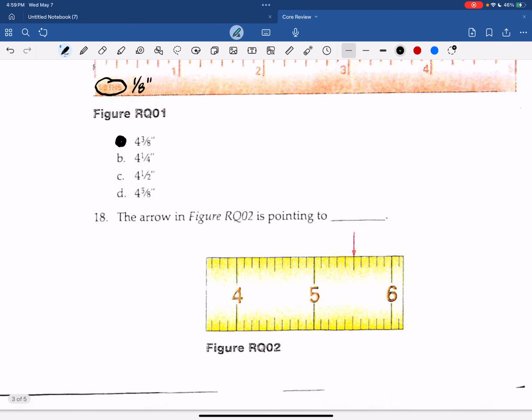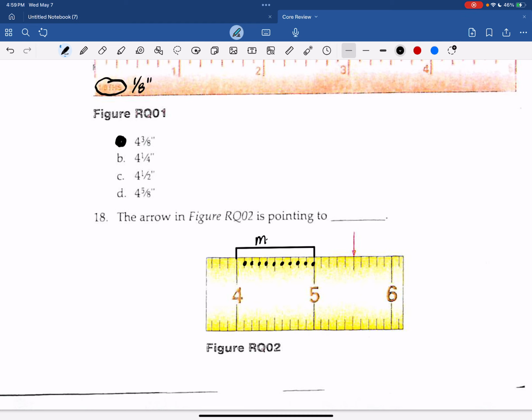The arrow in figure RQ02 is pointing to blank. So I'm going to first of all figure out if I'm dealing with metric or standard. I'm guessing metric because it doesn't tell me the scale, but let's see. So we're counting spaces. There's 1, 2, 3, 4, 5, 6, 7, 8, 9, 10.